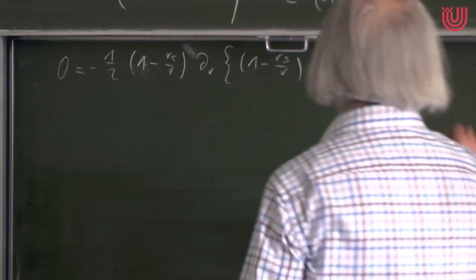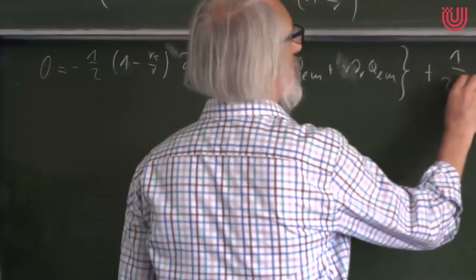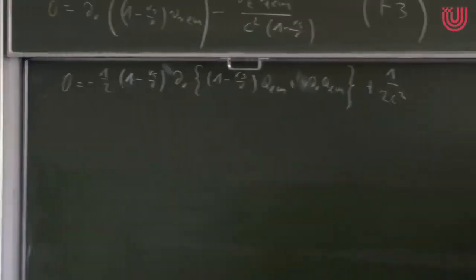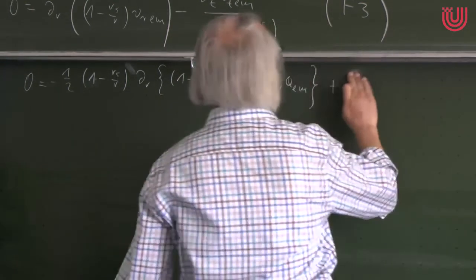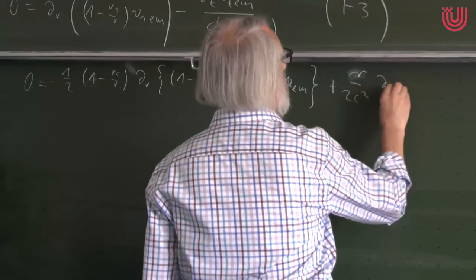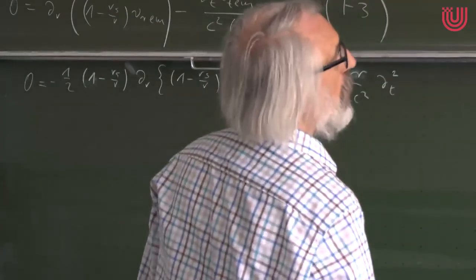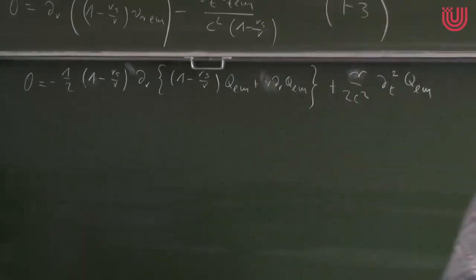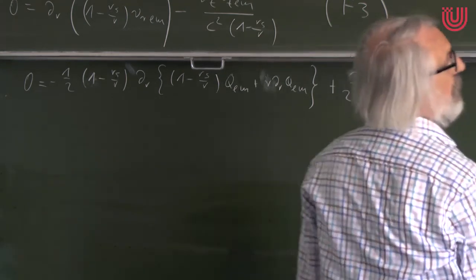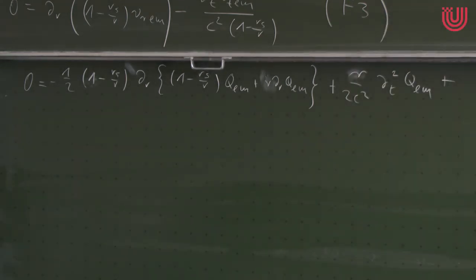So this is plus 1 over 2c squared. These two terms are cancelled, so it's dt squared. The r is independent of time, so it's the second time derivative of QLM. And here, sorry, I get again the factor of 2 cancels.